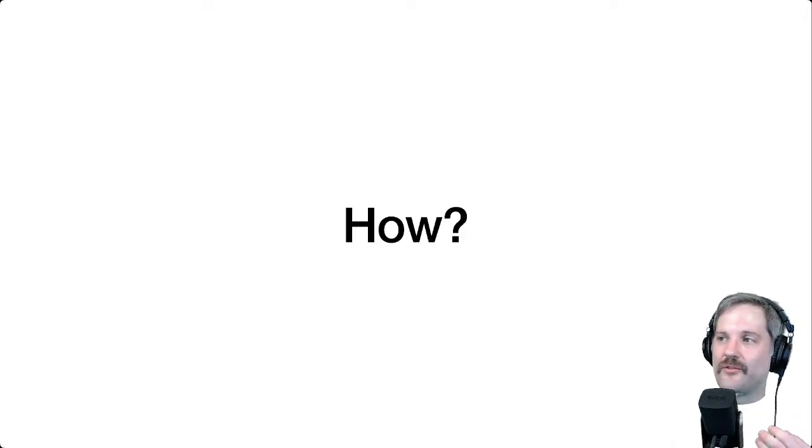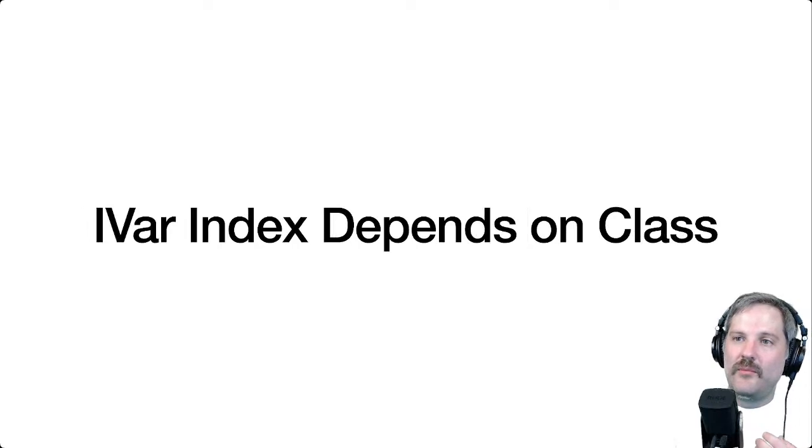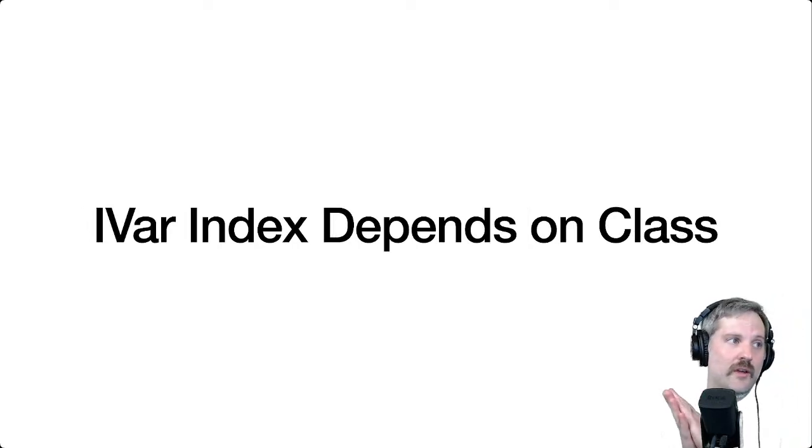Well, in order to describe that, I want to contrast this technique with the technique that's currently being used in Ruby today. The technique currently being used is that we associate instance variable indexes with the particular class that we're on. So we're looking at what's implemented today.